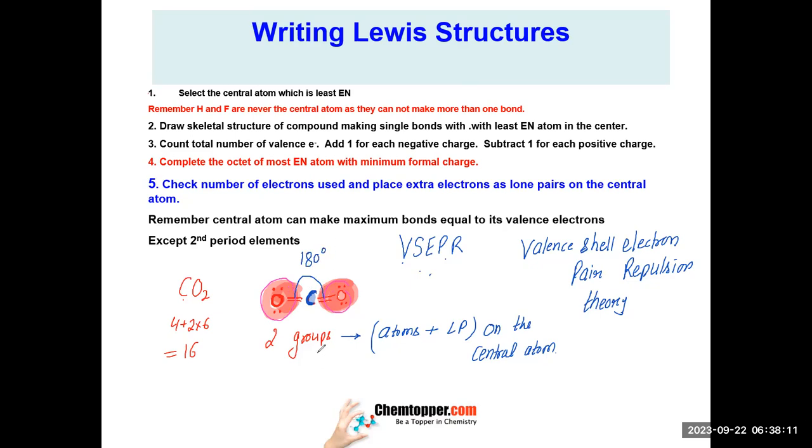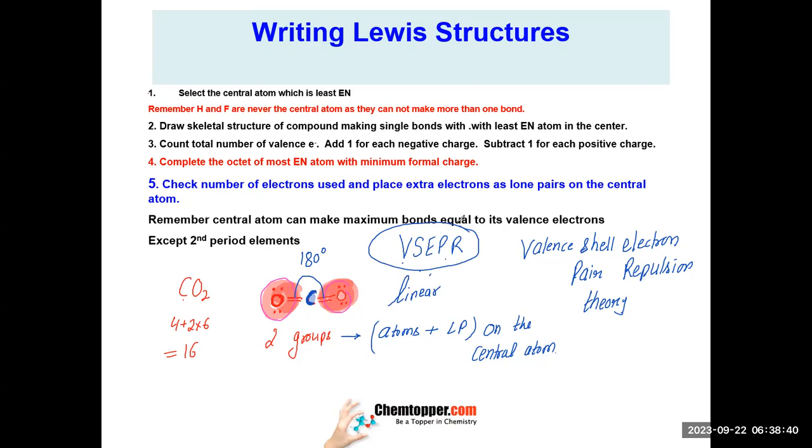That's the best possible arrangement of minimum repulsion. If you try to push them together, like you try to reduce this angle, then they repel more. So that's the minimum repulsion between two groups. And this particular arrangement is called linear. That's what you are going to learn in VSEPR.